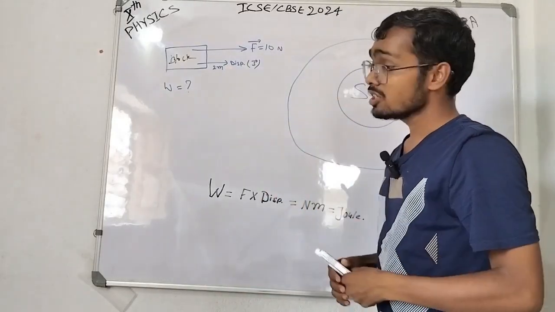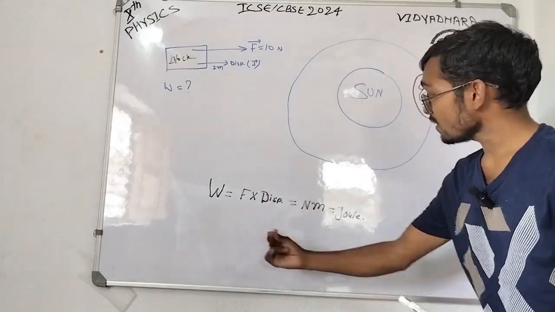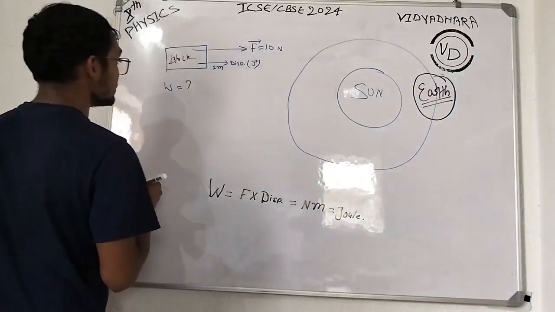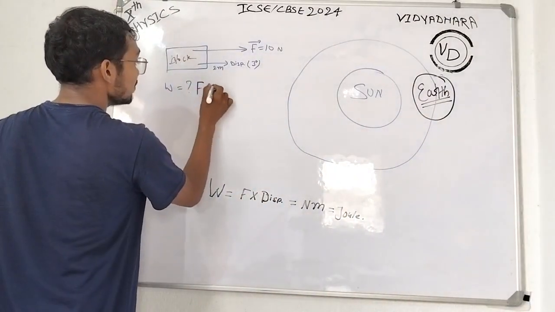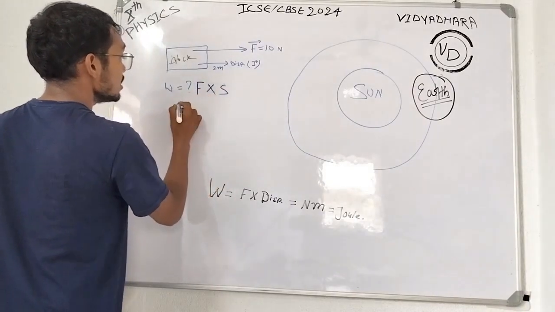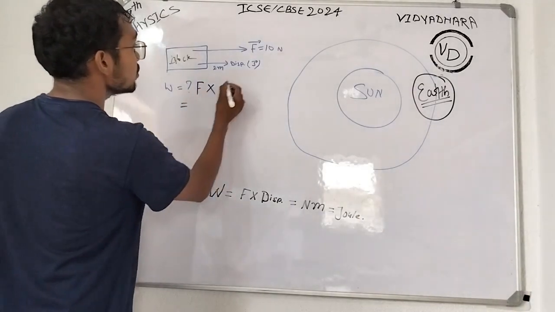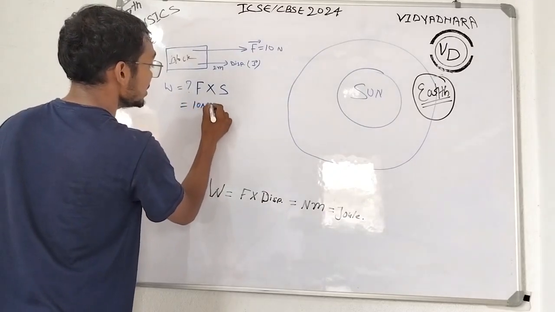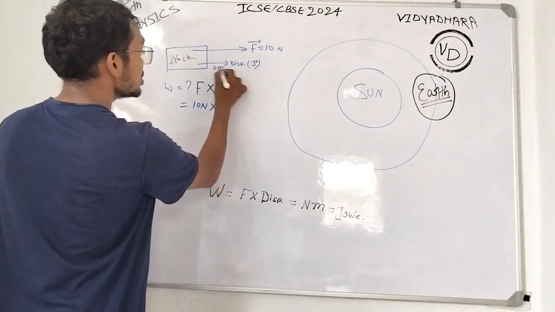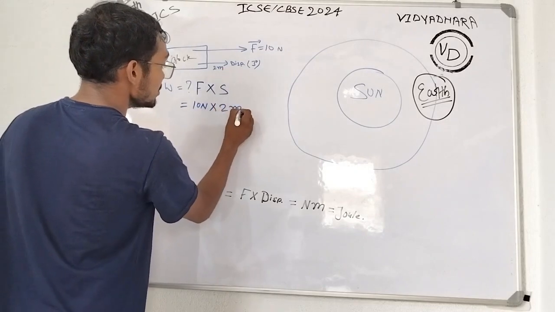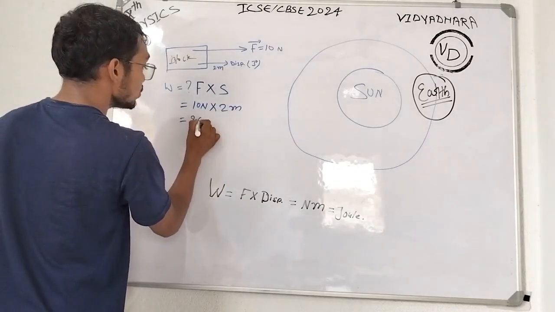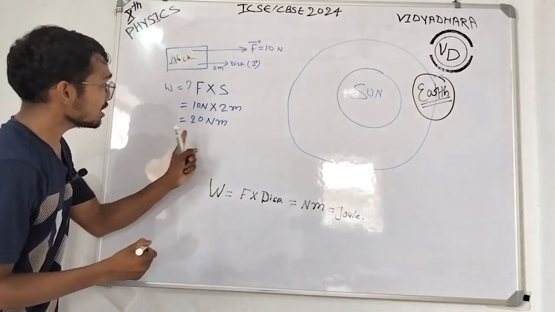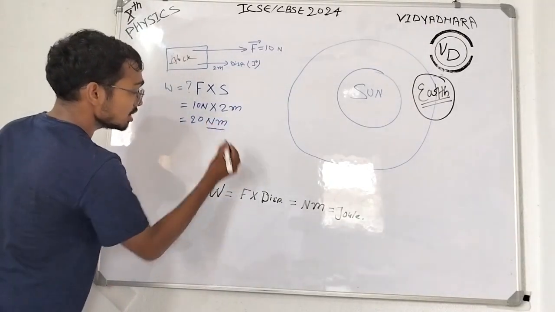So what is the work done? Work is equal to force into displacement, F into S. F is 10 Newton, into S which is 2 meter. We get 20 Newton meter.